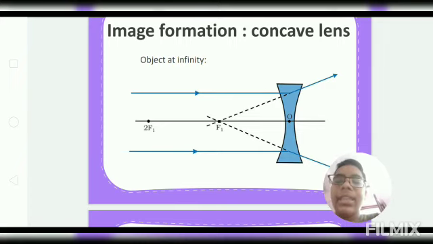In the convex lens, the rays are focused. In a concave lens, the light rays get dispersed or deviated. We take them back and let them meet at a point F1. So a virtual, point-sized image is formed.